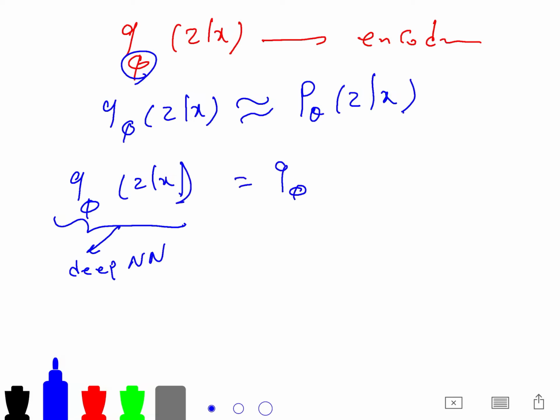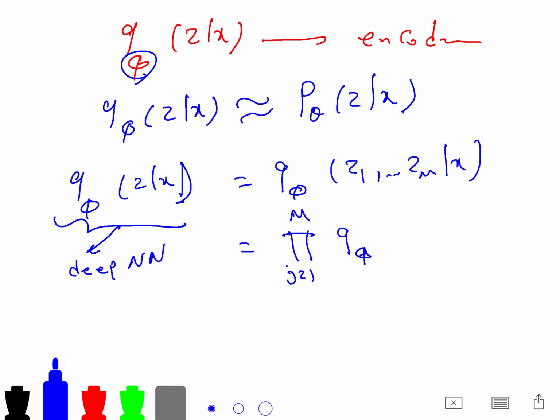So this is just q phi of zm given x. And using the same trick, we assume that we can factorize it. So q phi of zj.